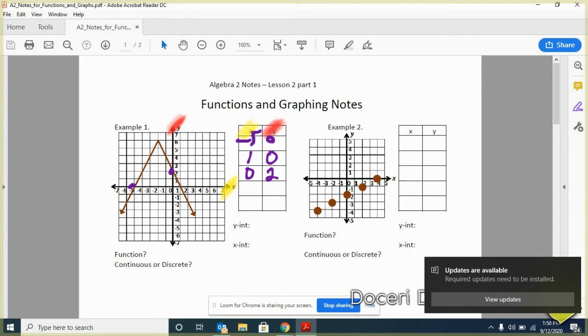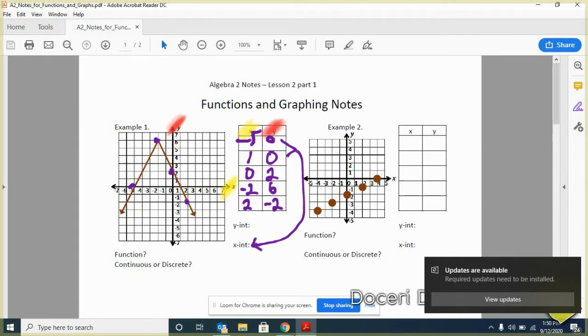I'm going to pick this point, which it looks like is negative 2, 6. And then I'm going to pick a random point like this point right here, which looks like it's 2, negative 2. All right. So the reason why I picked these 2 points is because those are our x-intercepts.